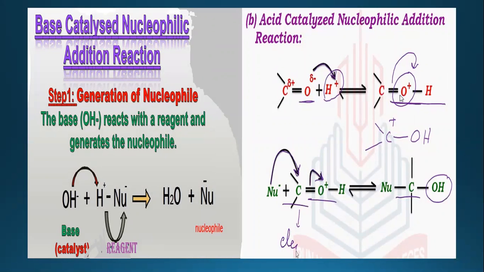Now this oxygen develops three bonds, so it gets a positive charge to fulfill its deficiency. The whole bond shifts toward this oxygen, and as a result this species is converted into this form.